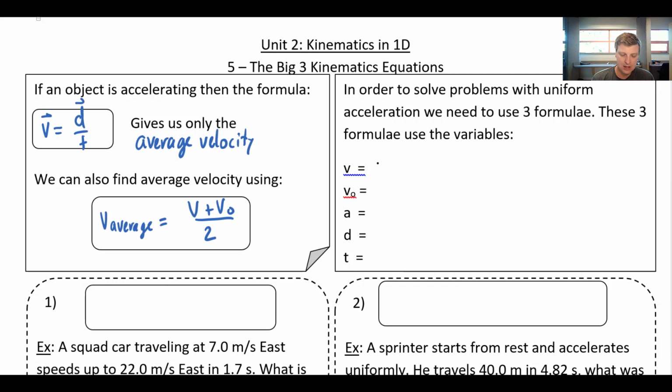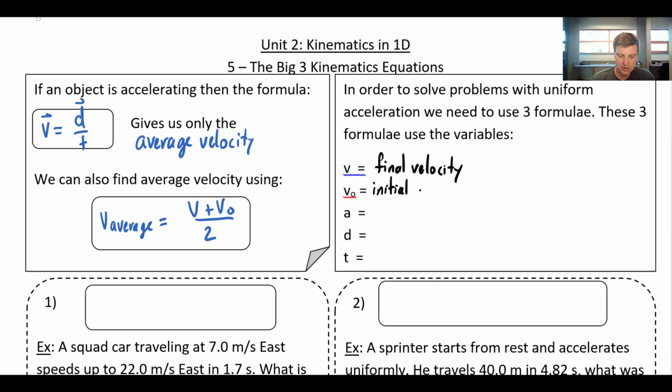v is simply the final velocity. And you decide where the final is. So if you throw a ball off a cliff, maybe the final velocity would be just the split second before it hits the ground. Or maybe it would be at some point while it's in the air. You get to decide that. v naught, this v with a 0 beside it, is going to be your initial velocity.